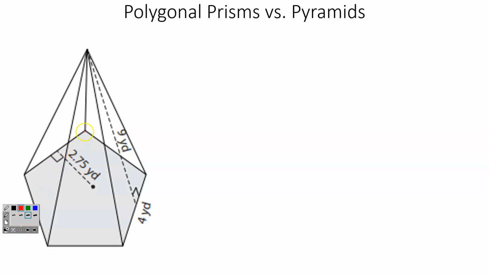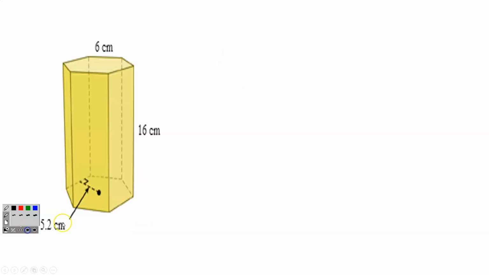So a pyramid, let's break it apart. We do that by drawing each of our faces. So it looks like I have a 1, 2, 3, 4, 5 sided shape. So we have a pentagon for a base. Now, the difference between a pyramid and a prism is that a pyramid only has one of these bases, whereas a prism has 2 of them.